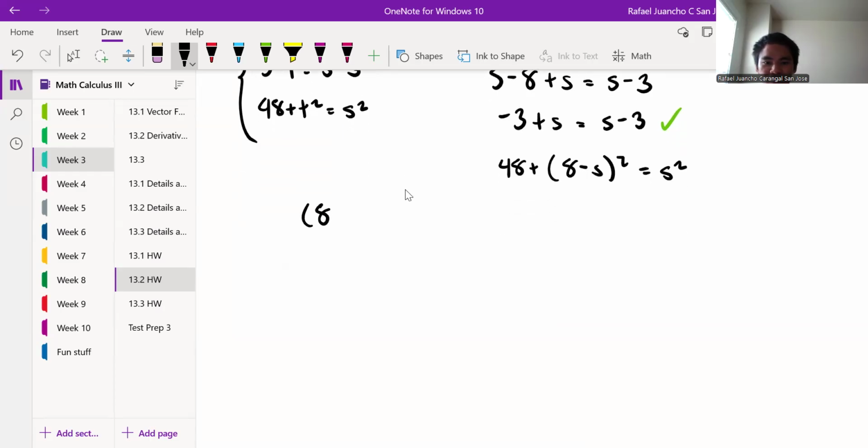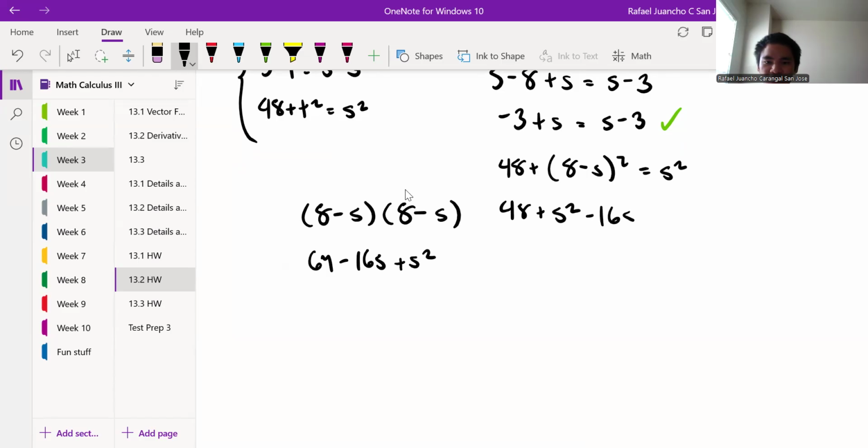And then we do our little algebra where we expand (8 minus s) squared. We get 64 minus 8s minus 8s, so that's minus 16s, and then plus s squared. So we have 48 plus s squared minus 16s plus 64 is equal to s squared.